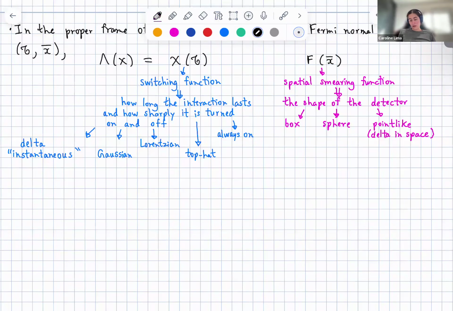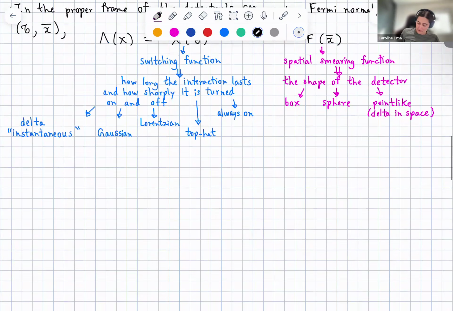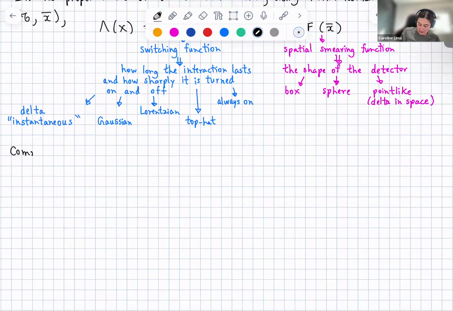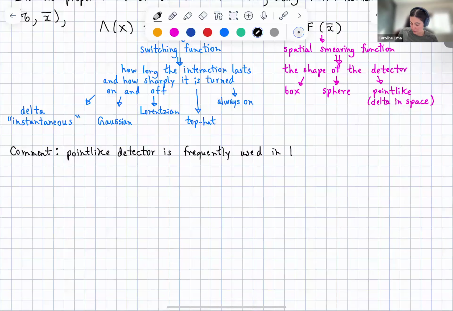Okay, I guess we need to make a comment here. The comment is that the point-like detector is very frequently used in the literature, but it's basically an idealization.